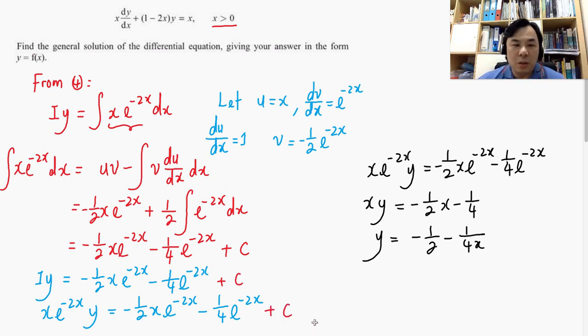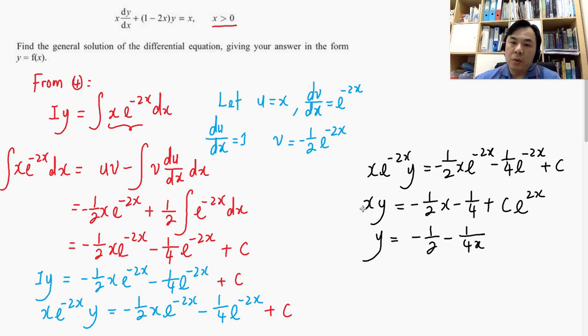Never mind, it's a good time for us to check on our error. Okay. So here we have a C, and then therefore there's a C here also. Yep. So from here, after we divide both sides by exponential negative 2x, we should have C e 2x then. Okay. Now it's perfect.